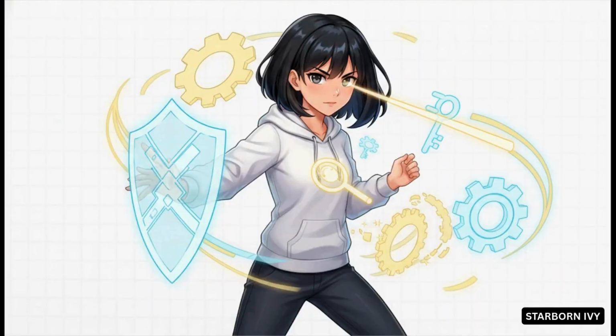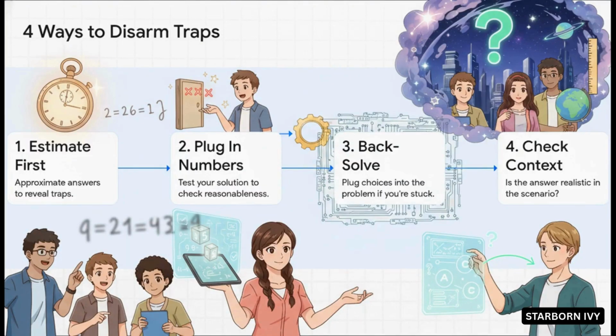Okay, so we've identified the enemy, we know their playbook, now how do we fight back? Let's get into your smart counter moves, the strategies you can actually use on test day. Here it is, a simple 4-step process. First, before you even solve, make a rough guess. This will help you immediately throw out any answers that are just way off.